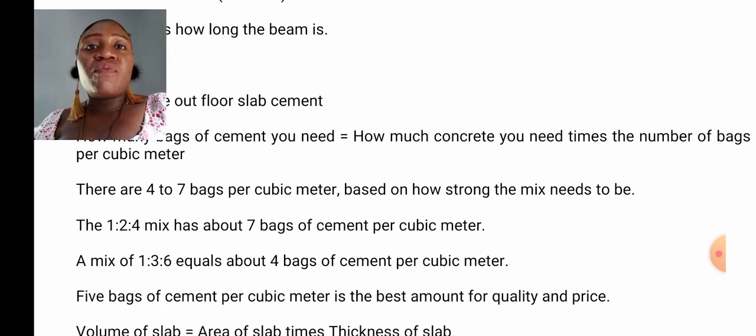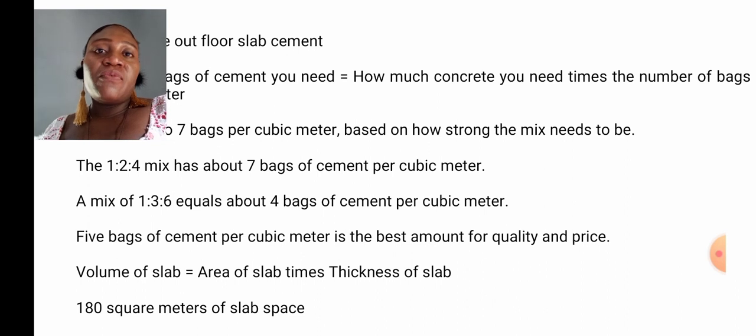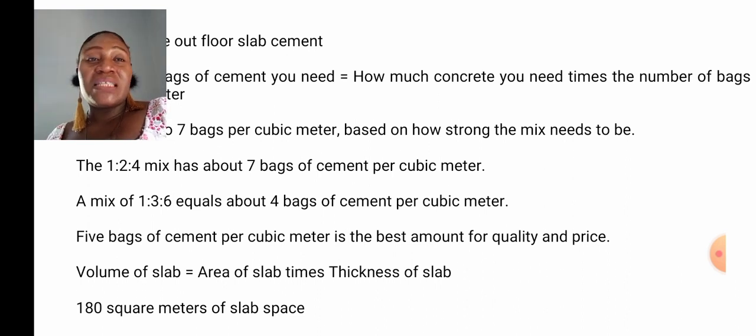A mix of 1:3:6 equals about 4 bags of cement per cubic meter. So if the measurement is 1:2:4, you should expect 7 bags. But if it's 1:3:6, you should expect 4 bags. So 5 bags of cement per cubic meter is the best amount for quality and price as well.